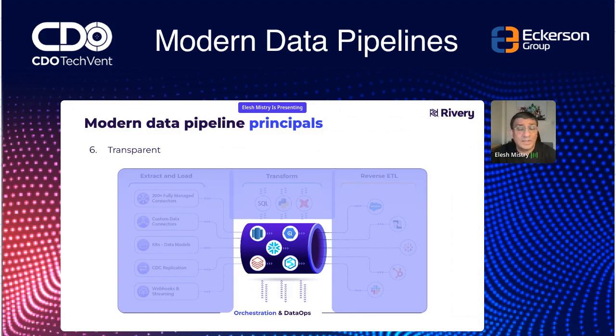So you need to understand quickly and efficiently what's happening in your data stack. And having a tool that's going to not only orchestrate the flow so it's more maintainable, but also notify you when something's gone wrong, where an API has not delivered the data for a particular use case. That's important as well. So that transparency and data observability is an important part of that modern data stack.